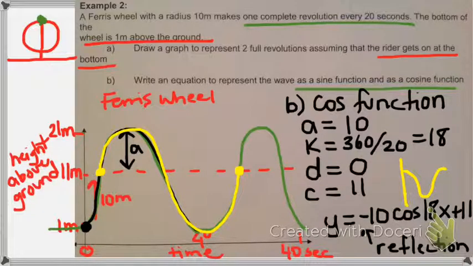What you want to do now is repeat the process we did with the cos function and find an equation to represent what I've highlighted here in yellow. So as a sine function, ask yourself the same questions. What's A? What's K? What's D? And what is C? So I'm just going to go to a new slide and we'll write that out here.